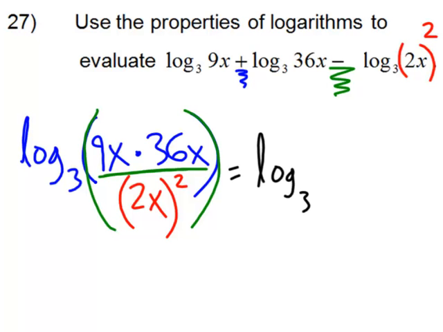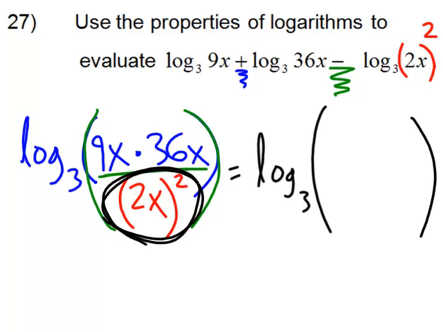That's log base 3, and let's seek to simplify what's inside the parentheses. This 2x down here is being squared, according to this 2. So I'm really looking at that 2x quantity squared, and in my head I'm thinking that's just 4x squared without parentheses.